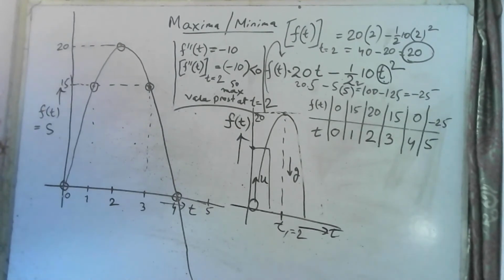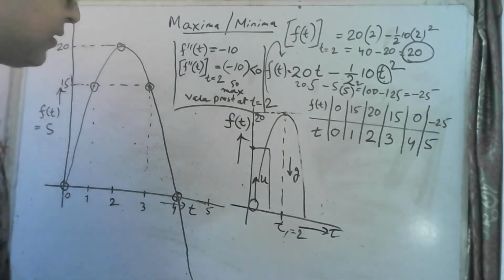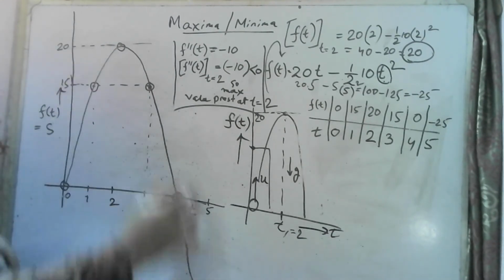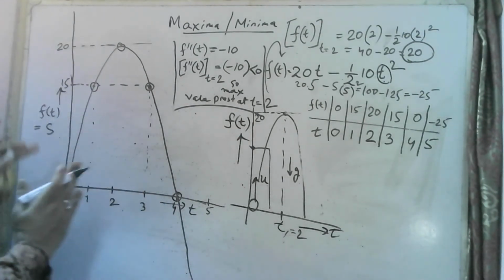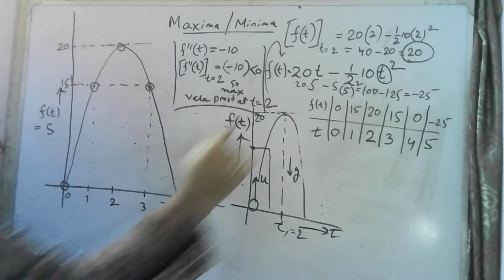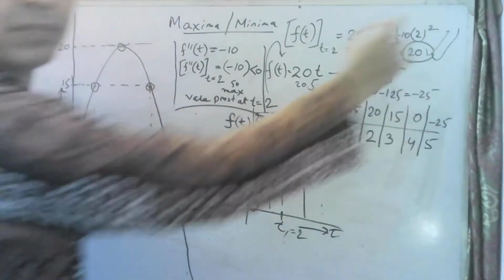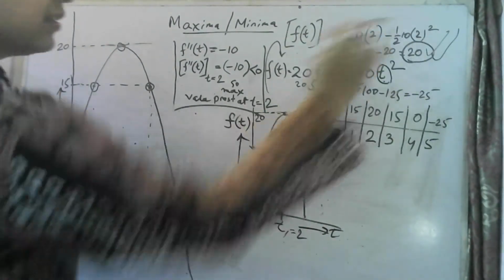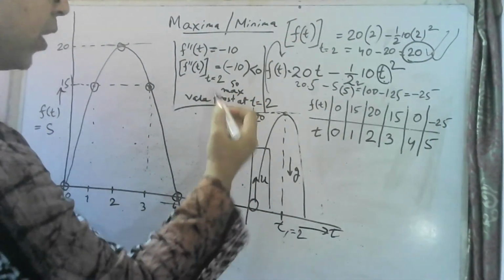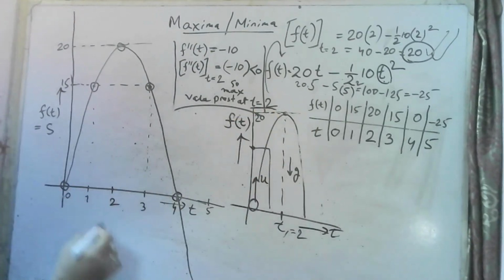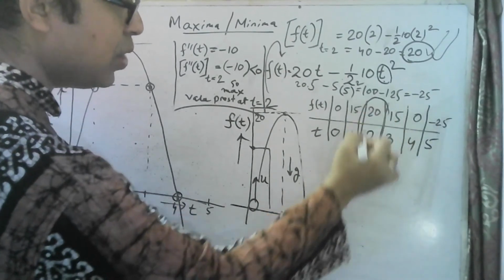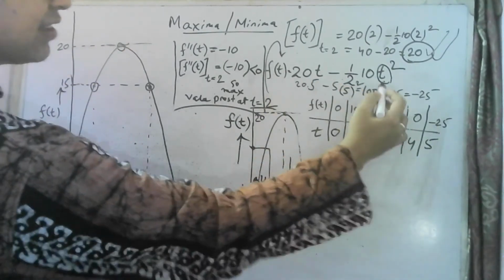So we can see that this is the maximum value. Nowhere does the value reach more than 20. So 20 is the maximum value. Understood? And what is the point where that maximum value is present? The point is t equal to 2. You can see from here, at t equal to 2 the maximum value is reached in this equation.